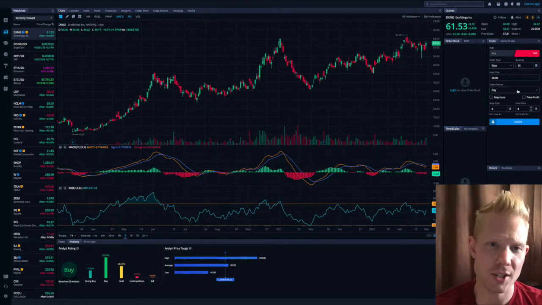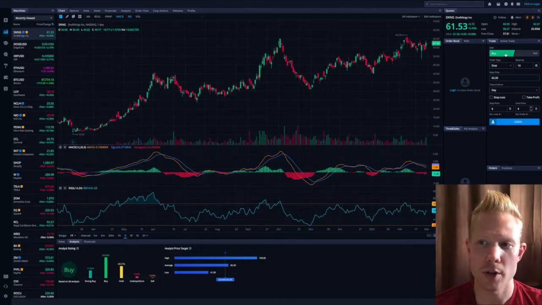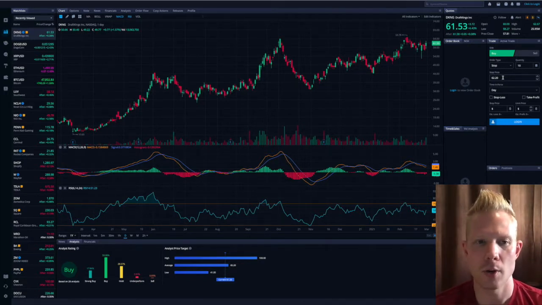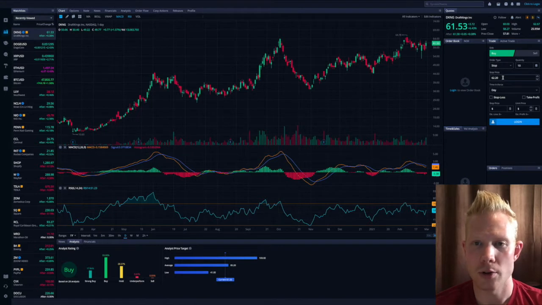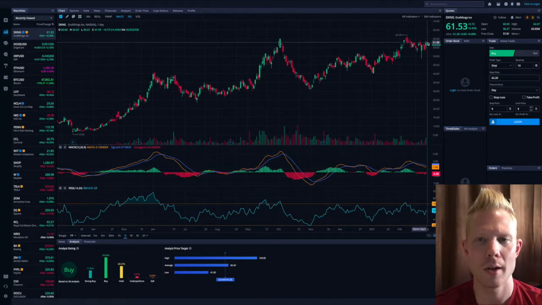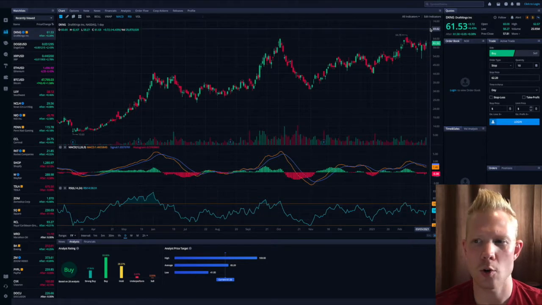You can also use a buy stop, where you set the price above the current price, assuming you either own it and want to buy more or don't own the company. You can put a buy stop for it to place a market order as soon as the price hits that. The most common way to use a buy stop would be if you're waiting for a company to show upward momentum.